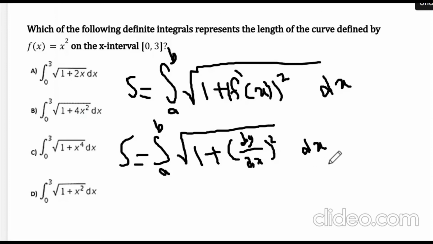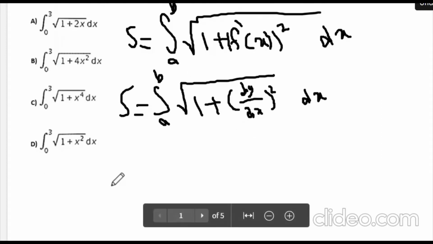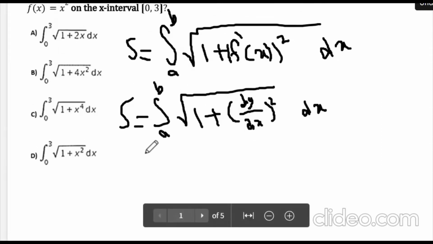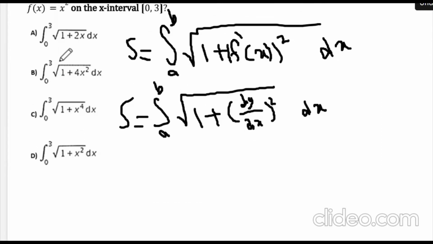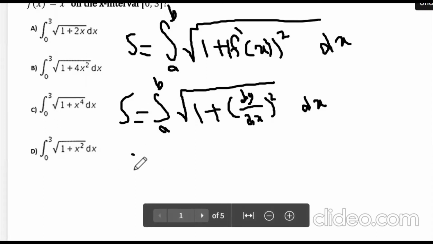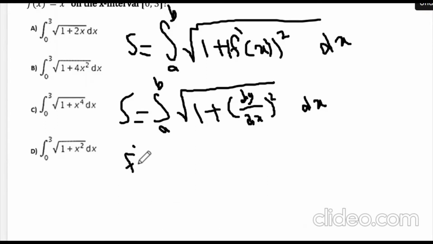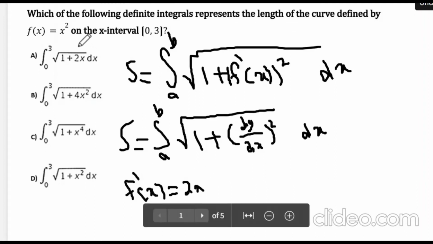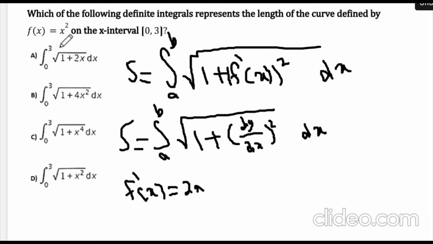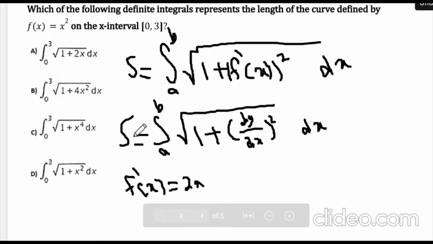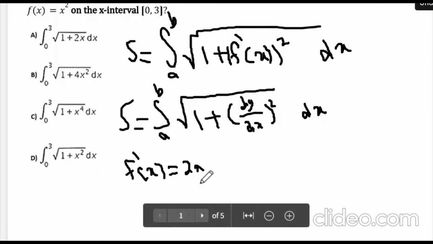So here we have f of x equals x squared. Okay, so if f of x equals x squared, f prime, which is the derivative, is going to be equal to 2x. So how was it 2x? Here we're going to move the 2 here, and 2 minus 1 equals 1. So 2x.